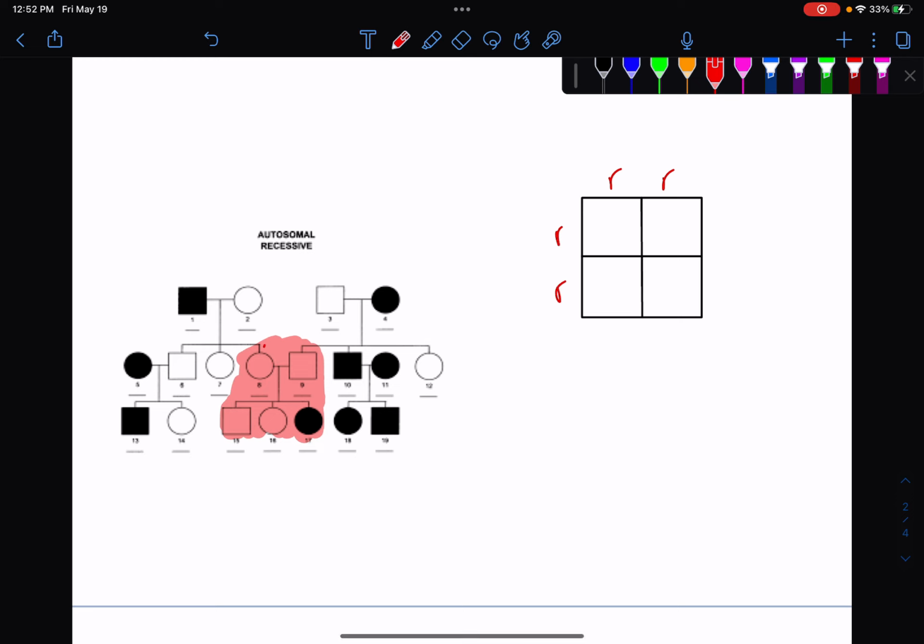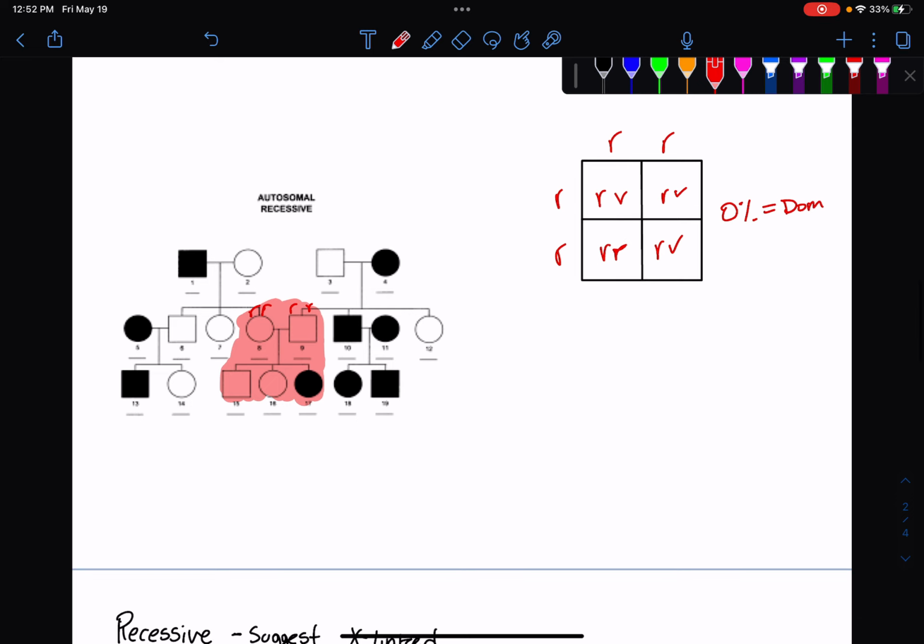So if we were assuming these were dominant, because we're like, oh, this might be dominant, right? Oh my gosh. Okay, that means the unaffected are recessive. Well, if we write that in, right, like this, well, let's do the pedigree for it. Dang, 0% chance to be dominant. And with our assumption earlier, if we were thinking this was dominant, that means this isn't possible.